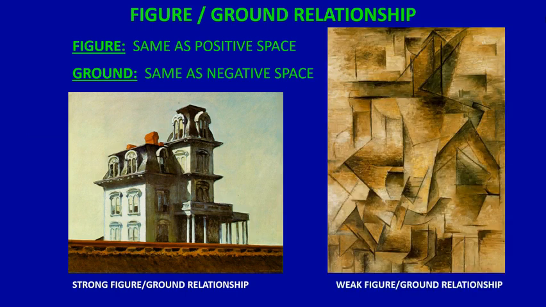The Cubists in the 20th century started to play with the figure ground relationship, and they started making it impossible to tell what was the figure and what was the empty space around the figure. So this is a painting of a guitar player, and if you have trouble seeing it, the head of the figure is in this area right here.